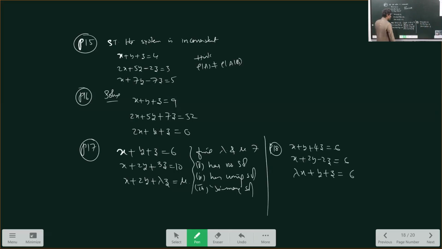Determine the lambda such that it is consistent or maybe inconsistent. So discuss the lambda.